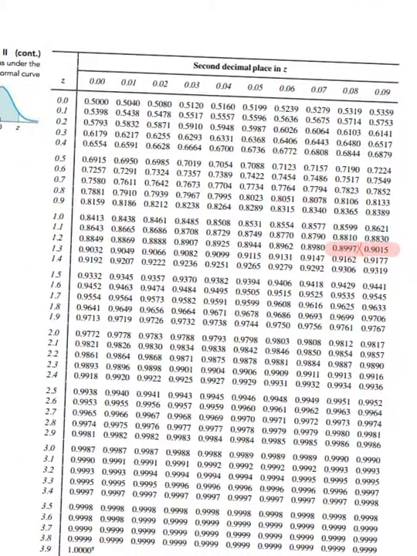So we have to take two z-scores, positive 1.28 and positive 1.29.